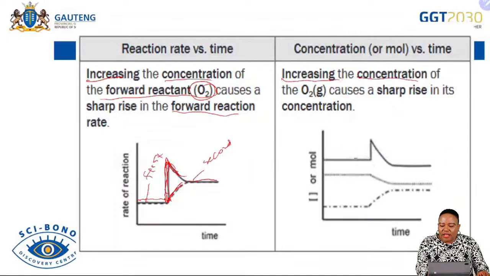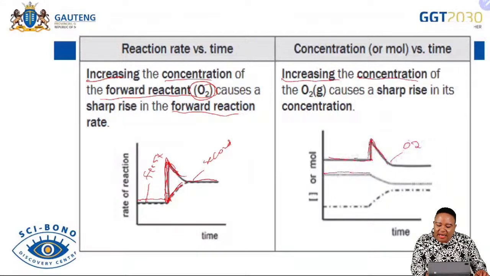You can see that as you increase the concentration, oxygen rises sharply. And then we know that as you increase the concentration of one of the reactants, the other reactant's concentration will decrease, which is our sulfur dioxide. So when oxygen increases, sulfur dioxide decreases.